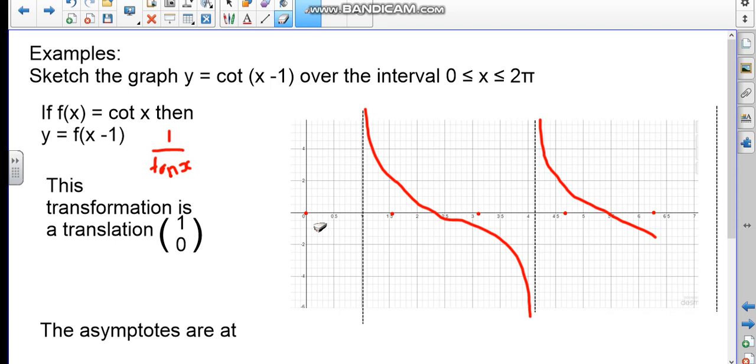Okay, so the other asymptote, if we were moving backwards, would be over here at minus pi, or minus 3.14. It would cross the x-axis here at minus pi by 2, which of course is minus 1.5, just over 1.5, 1.57.